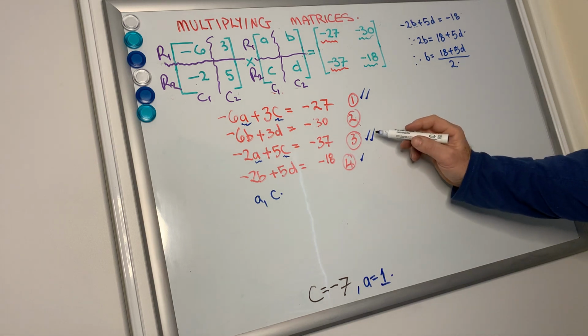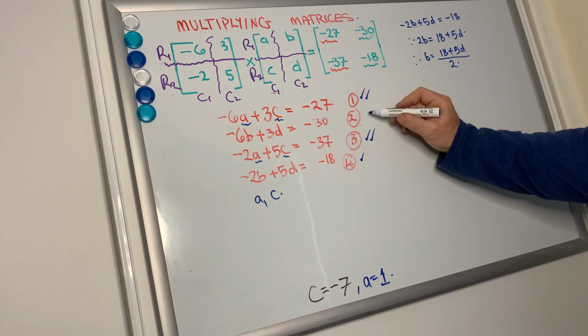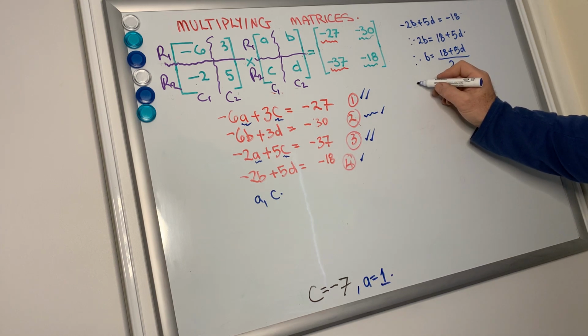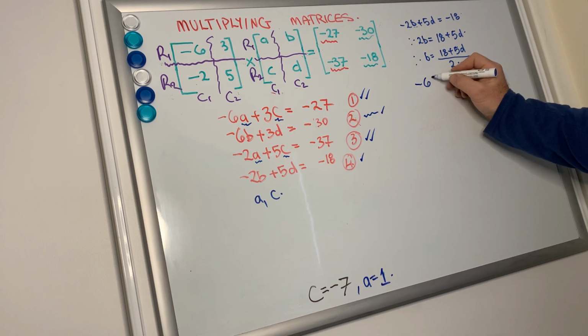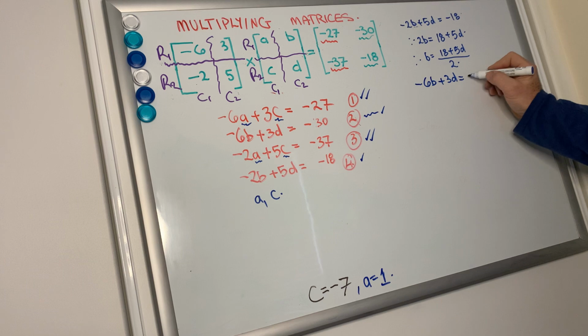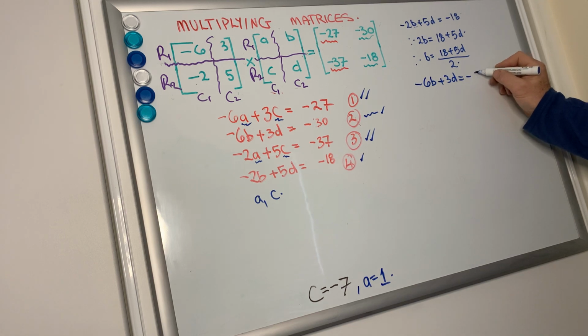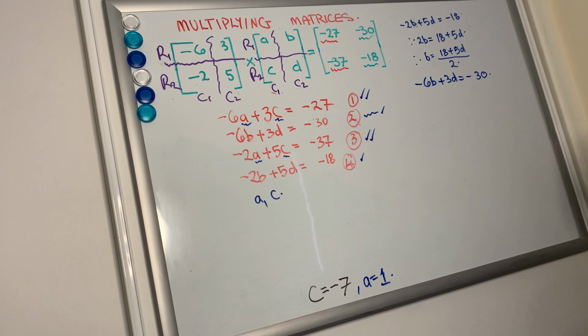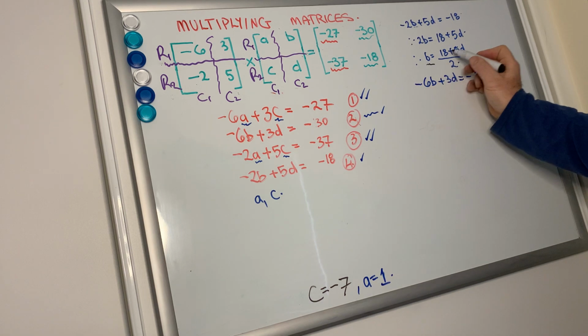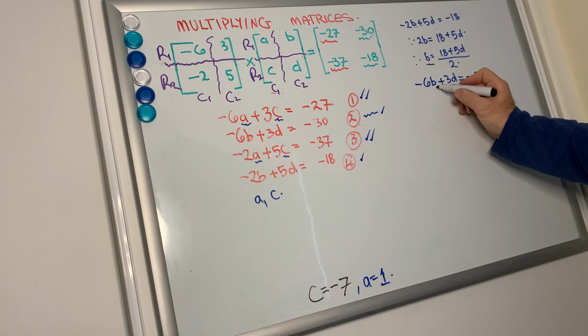Now, if we take equation 2, this one here, minus 6b plus 3d is equal to minus 30. So I'll use a different colour again. This is the value for b now, so I'm going to transpose b into there.